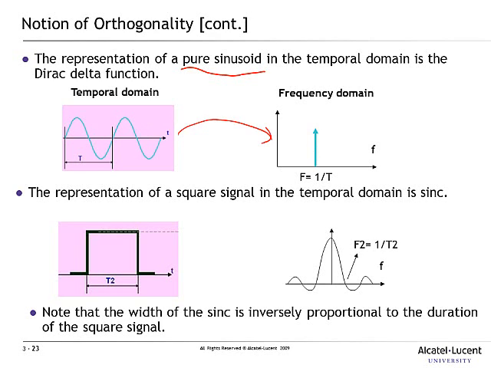Those of you who are doing transmission systems are probably doing a little bit of this. Now, if you take a square wave signal and take the Fourier transform of this, you get something called a sinc function.